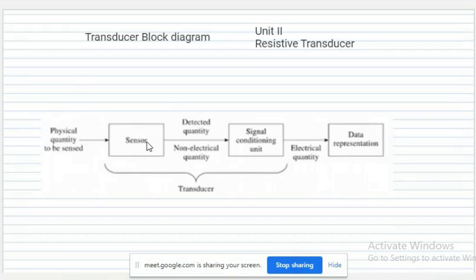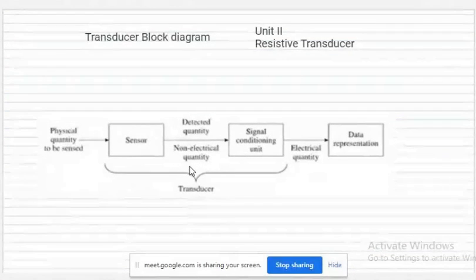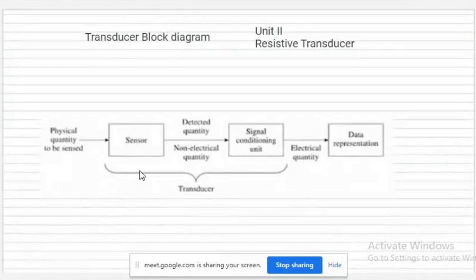But the problem with this sensor is that it cannot give information directly in a measurable quantity. We can measure electrical quantity. What quantity can we measure conveniently? Electrical quantity. But this sensor cannot give information in the form of electrical quantity. Can you name the electrical quantities which we can measure conveniently? We can conveniently measure voltage and current, always remember.